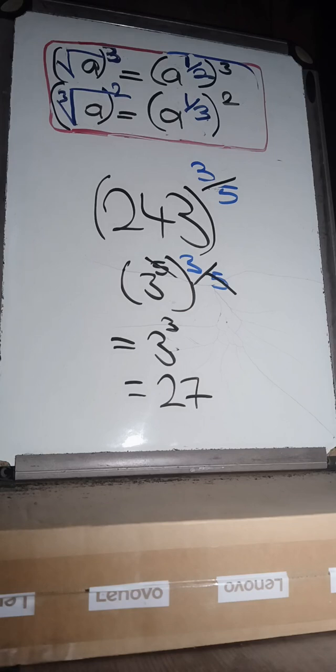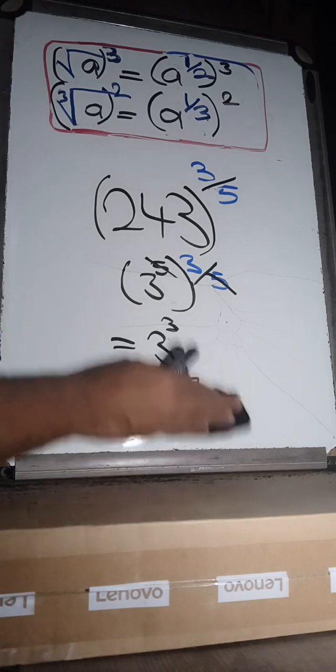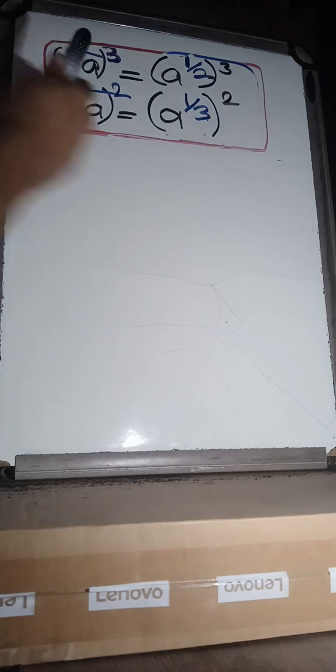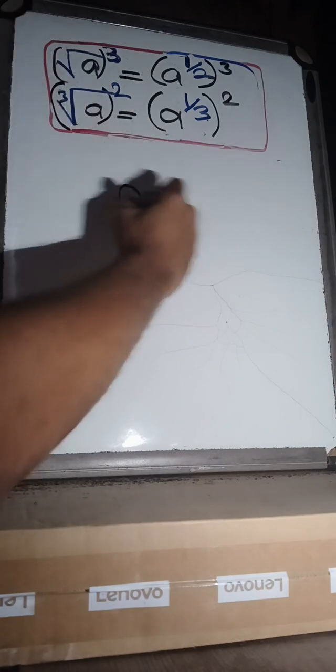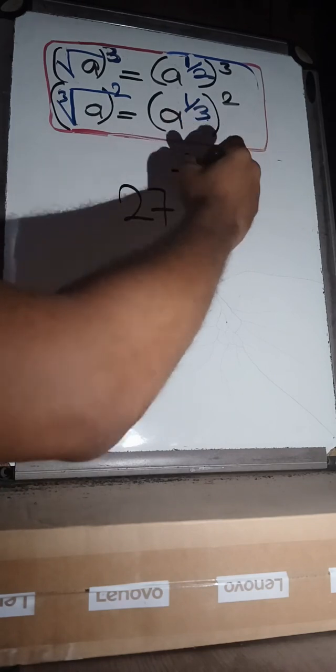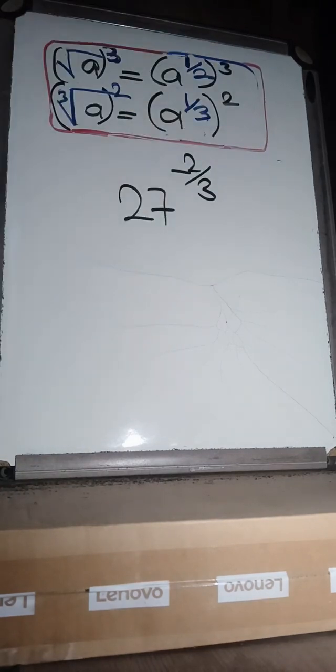Now mind you, there is something that looks like a bit of a nasty trick, right? What if you had something like 27 raised to the minus 2 over 3?